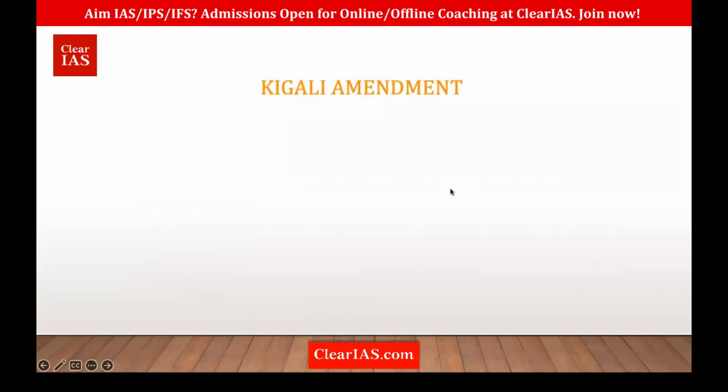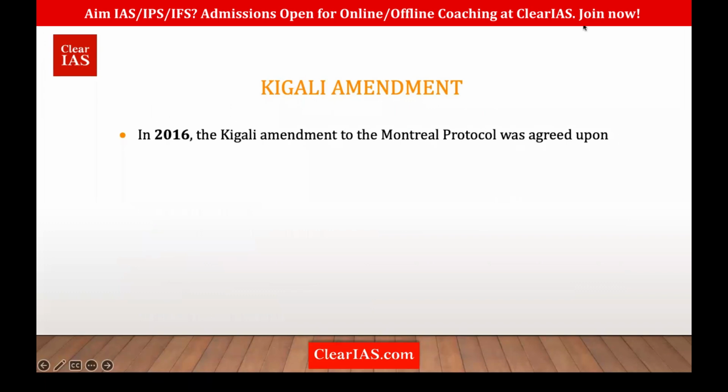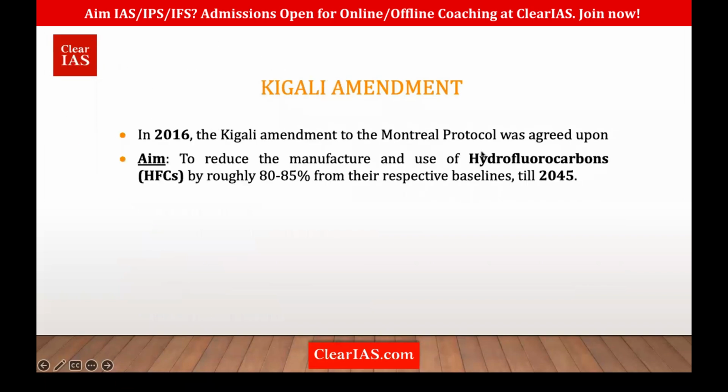So we told you that this was a very successful agreement. So the world thought that if we amend this in order to eliminate HFC, then it might be a success. So they amended this Montreal Protocol in 2016, which is commonly called the Kigali Amendment, and the countries agreed to it. So what was the basic aim?